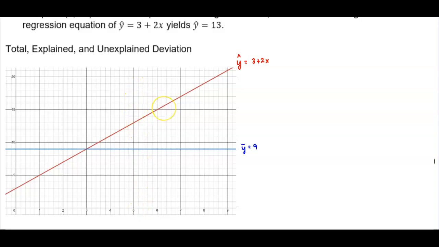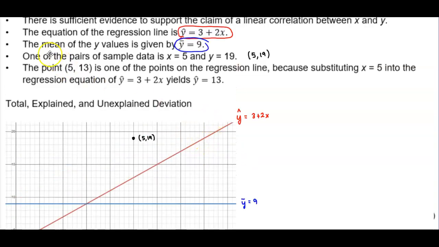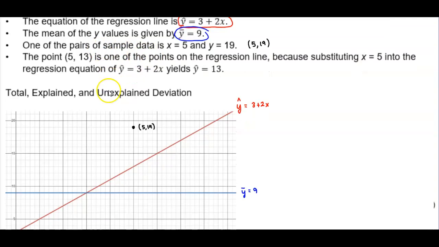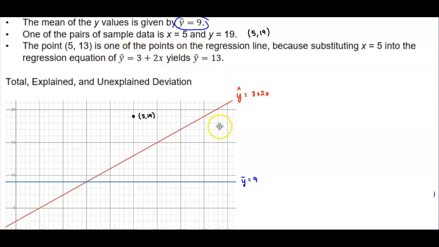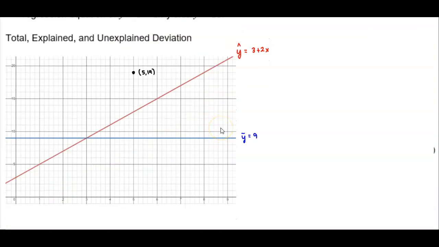So this point right here represents (5, 19). Again, this is one of the pairs of the sample data. Now the point (5, 13) is one of the points on the regression line. So (5, 13) is right here, right on the regression line.